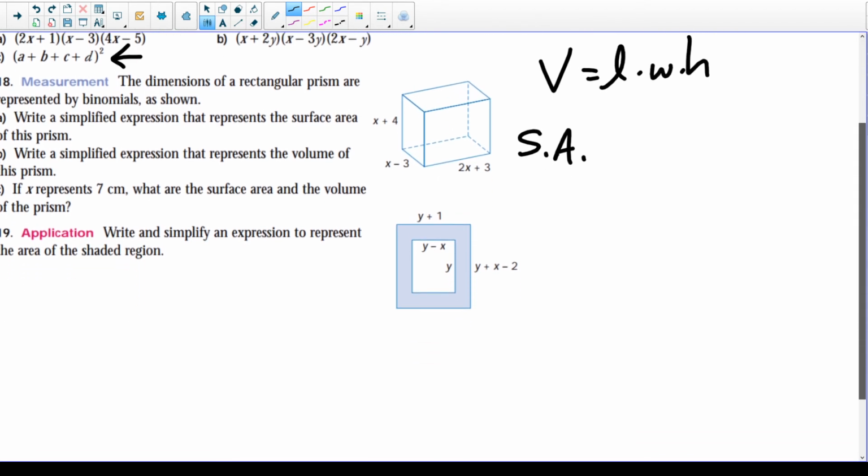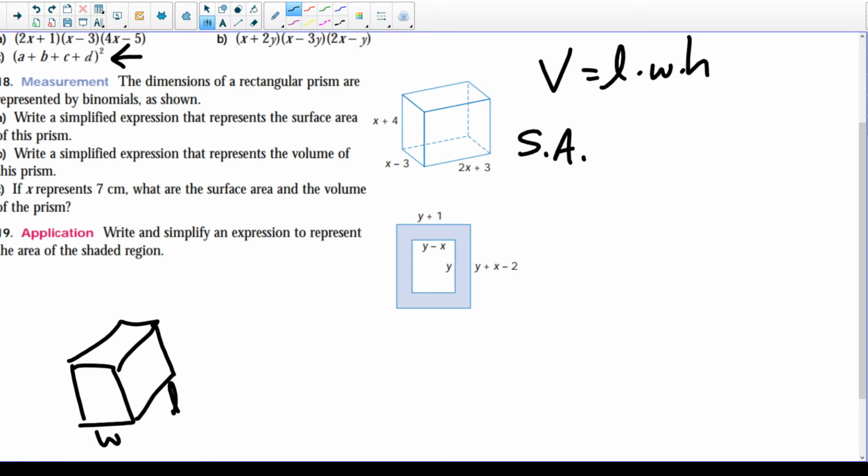Now, just a quick reminder, for the surface area of a rectangular based prism, I'll call this length, I'll call this width, and I'll call this height. The way I think of this is you've got 2 of this shape, the front and back, 2 of this shape, the right and left, and 2 of this shape, the top and bottom.